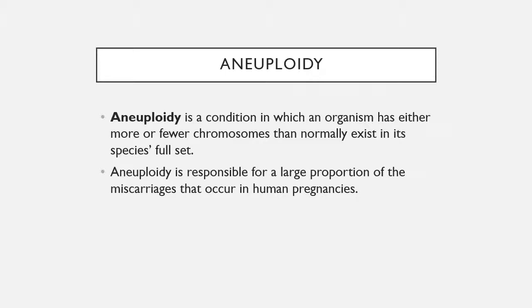And aneuploidy is, in most cases, going to be fatal. It's responsible for a large portion of the miscarriages that occur in human pregnancy. So when a pregnancy ends in a miscarriage, oftentimes, not always, but oftentimes that is due to aneuploidy. So the cell did not undergo meiosis properly, and the correct number of chromosomes are not present.